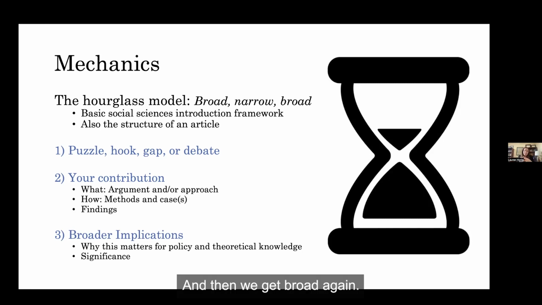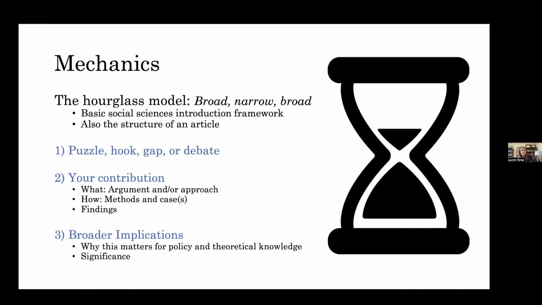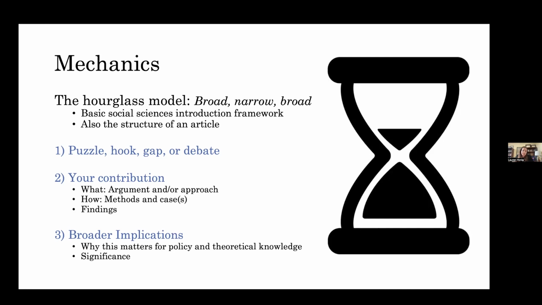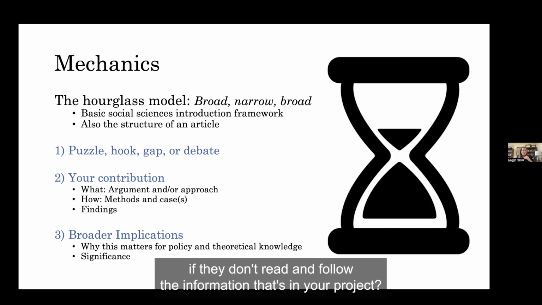And then we get broad again. So that's the broader implications. It's still part of the frame, but you're reinforcing what the frame is, what you're contributing to, and why this matters for policy and/or for theoretical knowledge. What is it that policymakers might be getting wrong if they don't read and follow the information that's in your project?